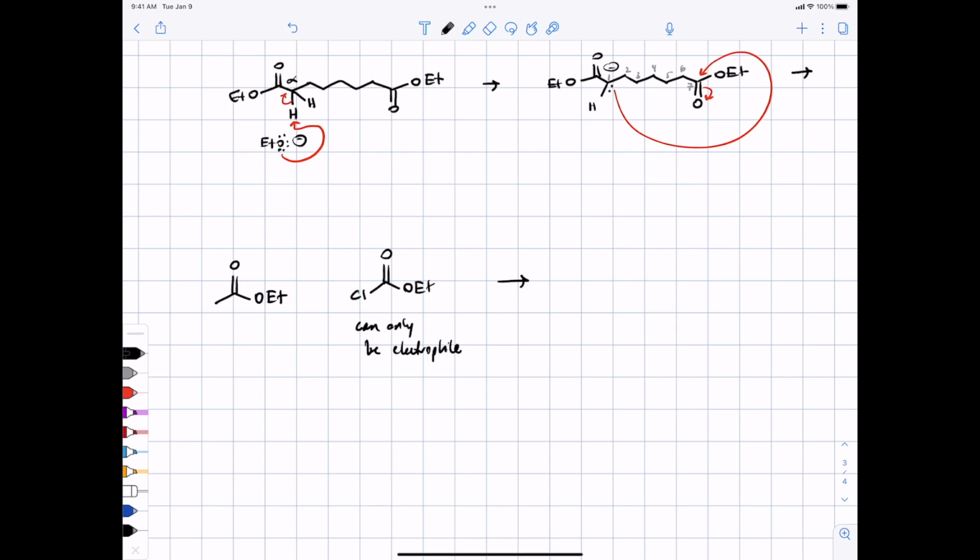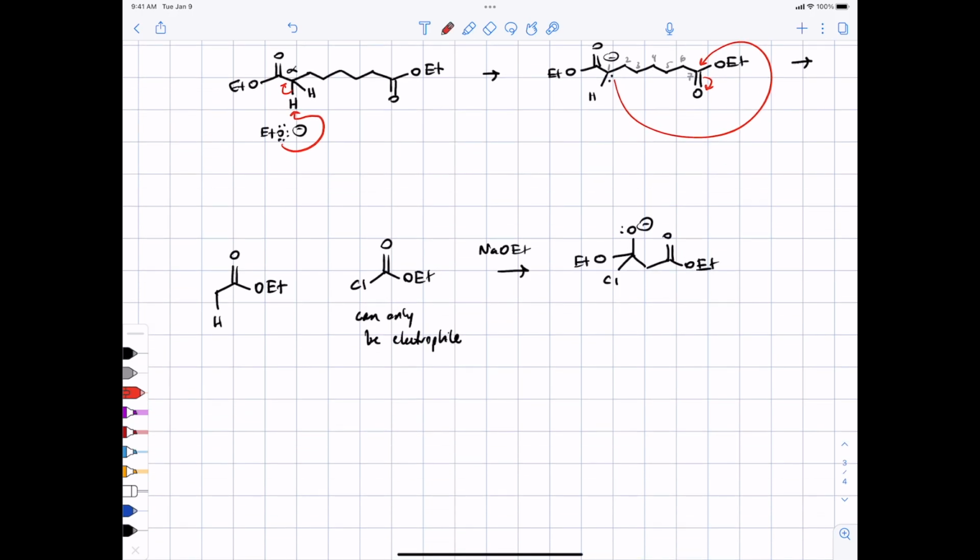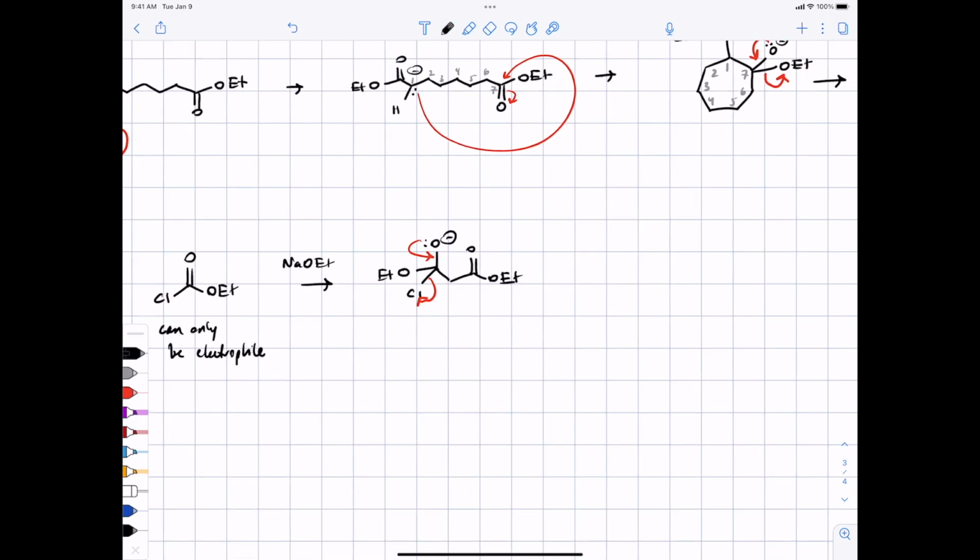So if you do the Claisen reaction with sodium methoxide, you make this enolate, you would get to this tetrahedral intermediate. And now there's two leaving groups attached to our tetrahedral intermediate, and the chloro is the best one. And so that allows you to generate this product, which is pretty specialized.